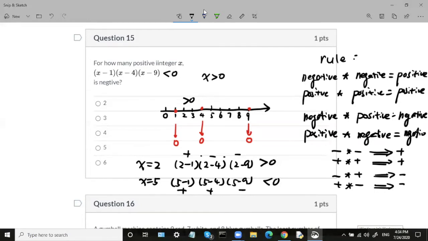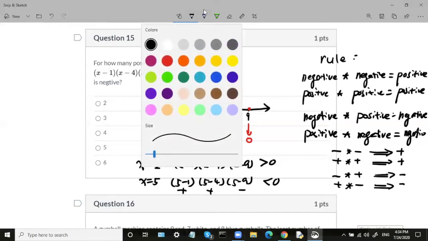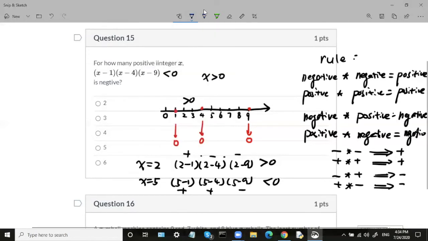So in this interval, 5, 6, 7, 8, these 4 numbers plugged in make the whole expression less than 0. So our answer is C. 4 positive integers x make this expression negative.